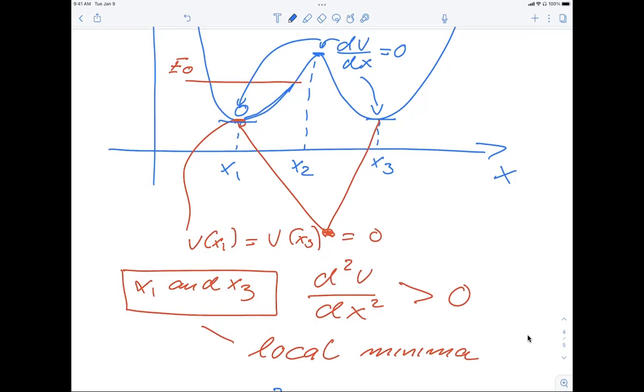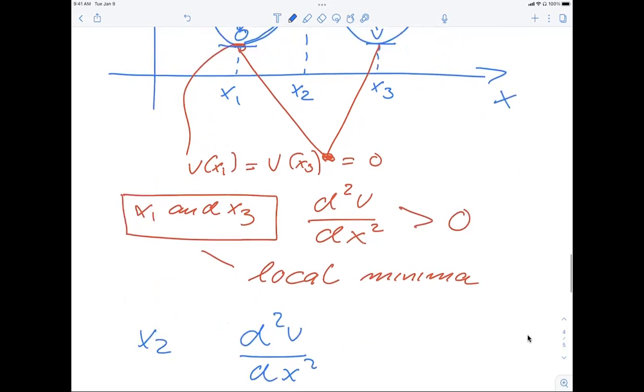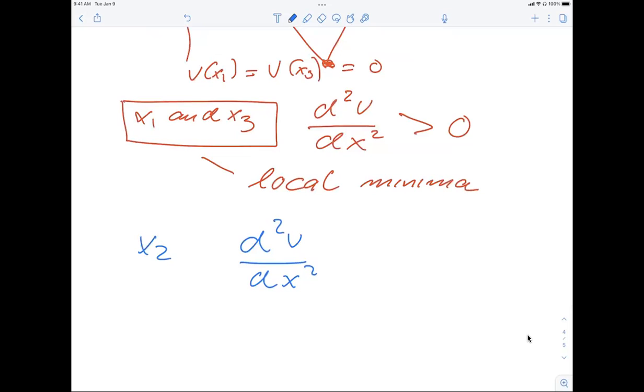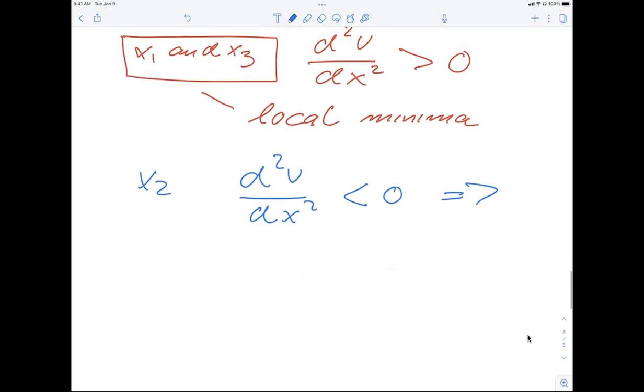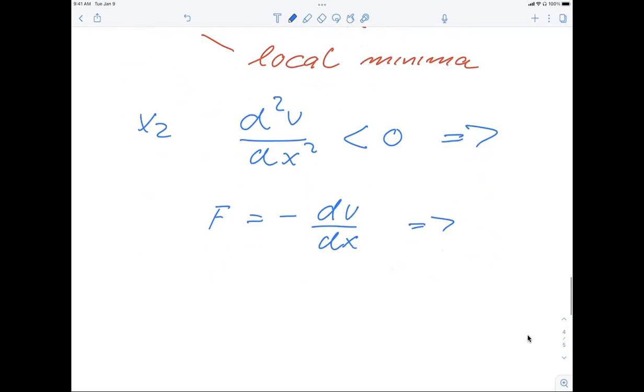That means the following. Since F is equal to minus dV/dx, it means that dF/dx is equal to minus the second derivative of V, and this is larger than 0.